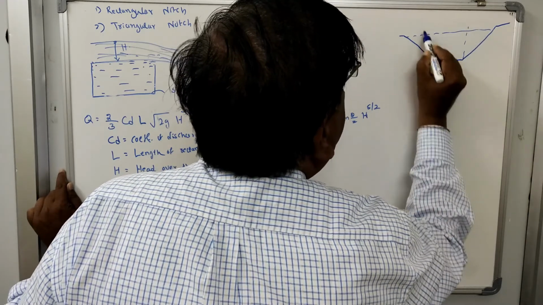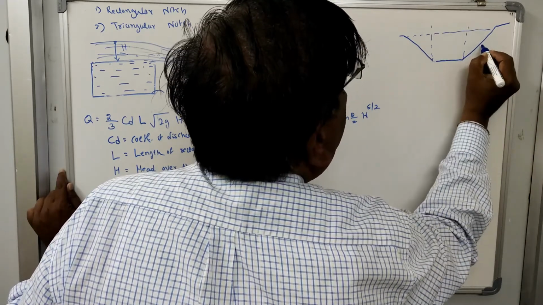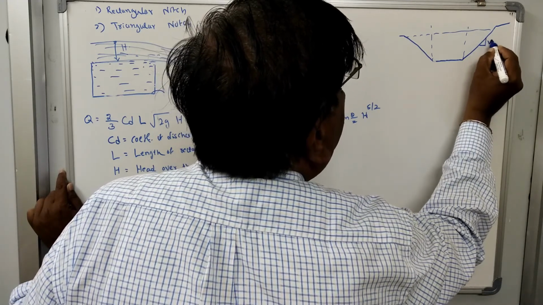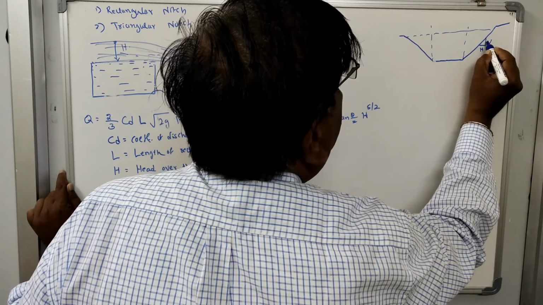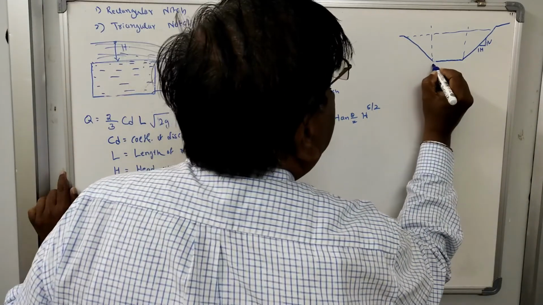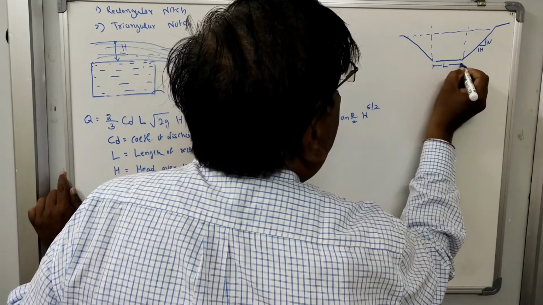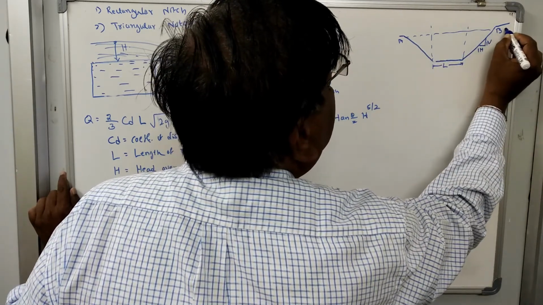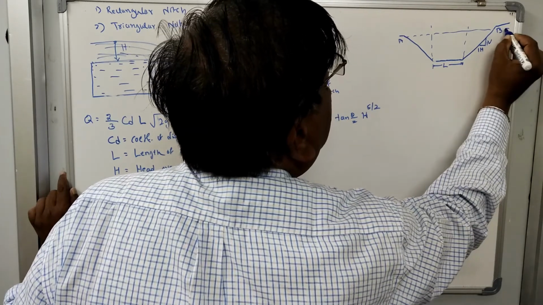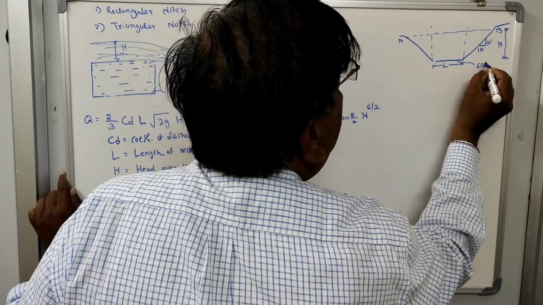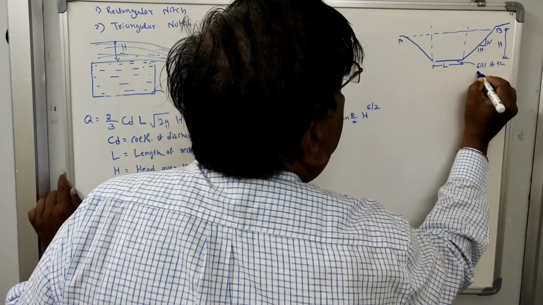This is the side slope. Suppose this side is vertical and this is horizontal, one horizontal to one vertical. If the side slopes are given, then this is L, AB is the top width, and this is H, the head above the sill of the notch.